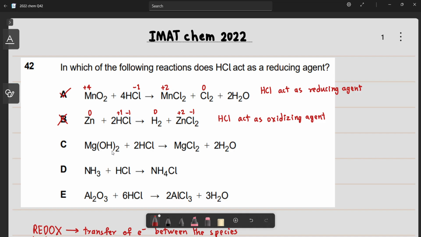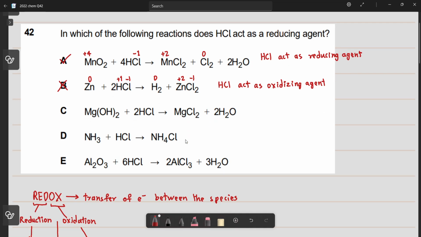Now option C, magnesium hydroxide reacting with hydrogen chloride, giving magnesium chloride and water. This is clearly an acid-base reaction, and we know that most acid-base reactions are double replacement reactions, so they're not considered redox reactions. Why is that? It's simple.